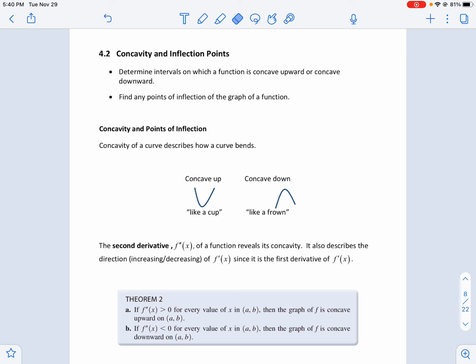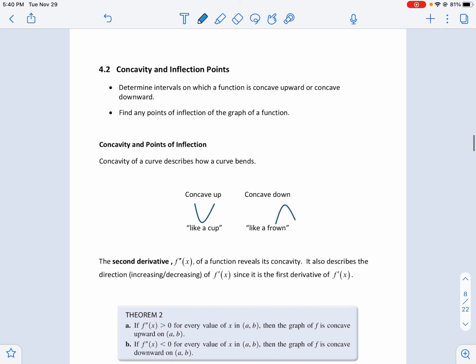So for 4.2, we're talking about concavity and inflection points, which is going to be mainly using the second derivative. So we're using the second derivative here so that we can get the concavity and inflection points. And that's going to help us determine a couple things: if we have an upward concavity or a downward concavity.